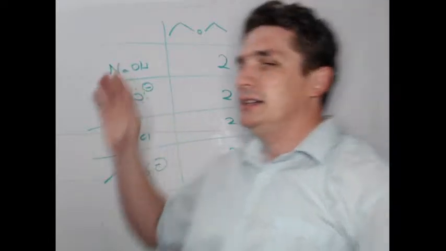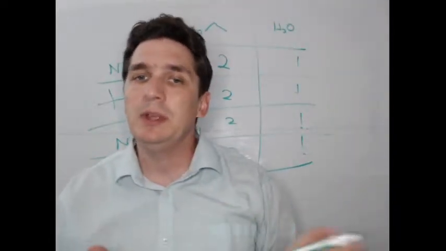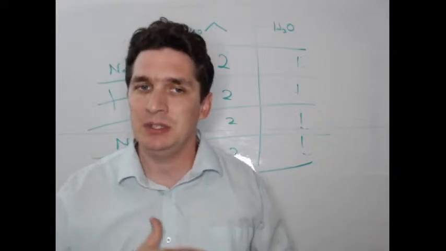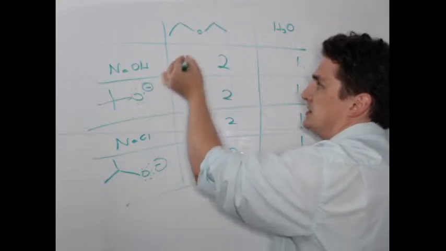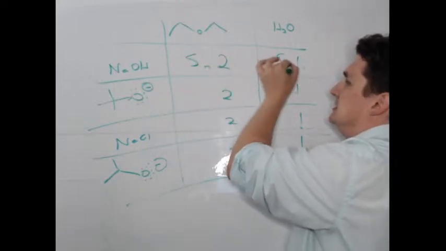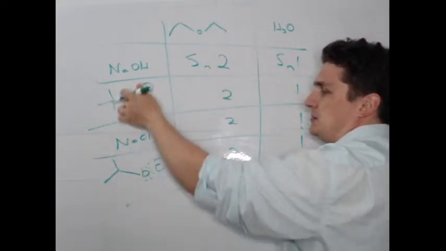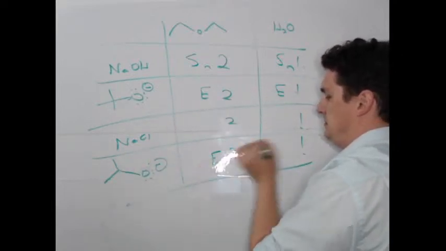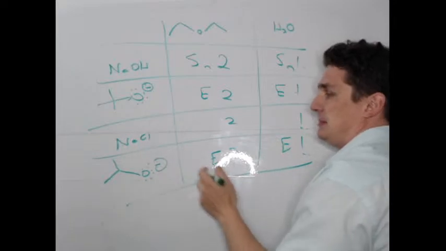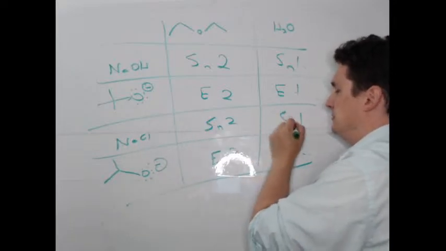So hydroxide here sits at a weird tipping point. Hydroxide can do both elimination and substitution. Typically, we say if it's small, it's going to do substitution, so it's going to be SN. If it's a big base like tert-butoxide or isopropoxide, this is going to be elimination. And the Cl here is not basic at all, so it definitely has to do the substitution.